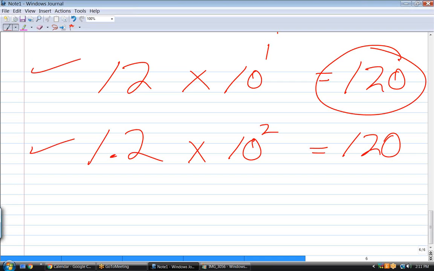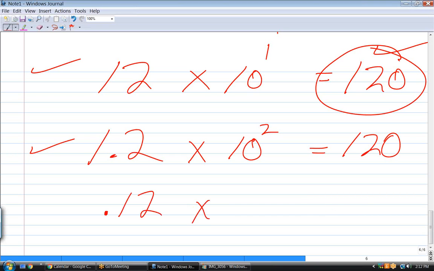And by working with a small number like this, one where you can figure out what the actual number is, it gives you a method of what you do to the exponent on the 10 when you move the decimal point. In the same way, if I had 0.12, what should that be?